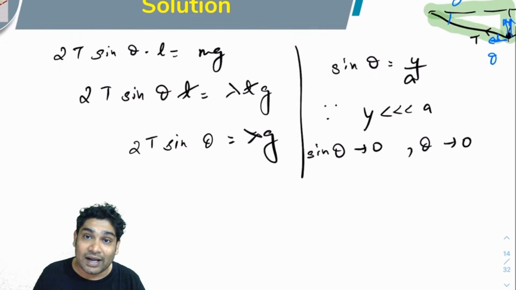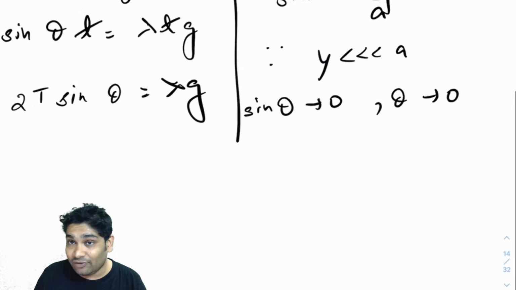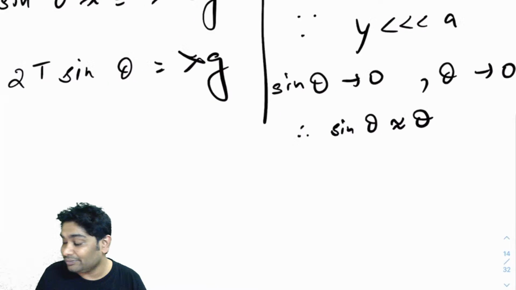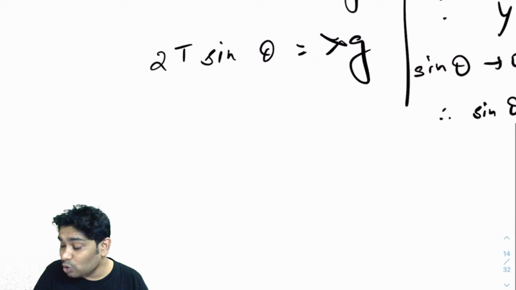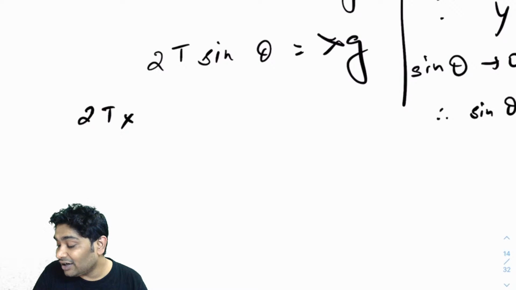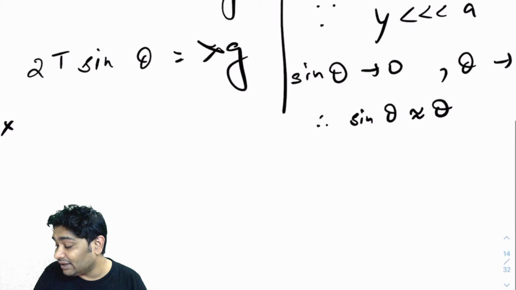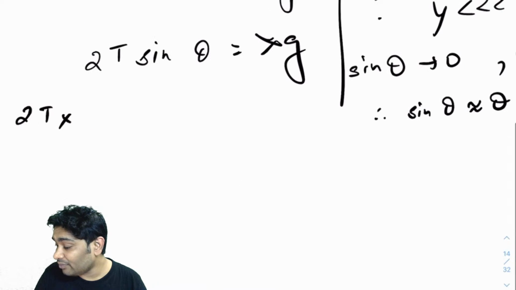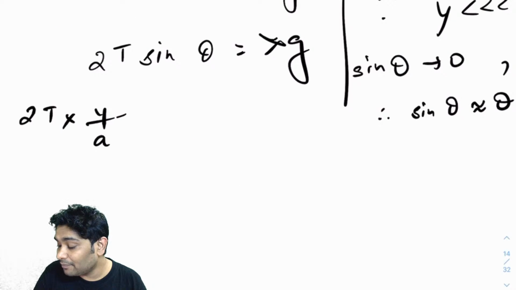I can use the small angle approximation. Therefore sin theta can be approximated to theta, which gives me 2T times theta, or sin theta, which was in any case y over a. This would become equal to lambda g.